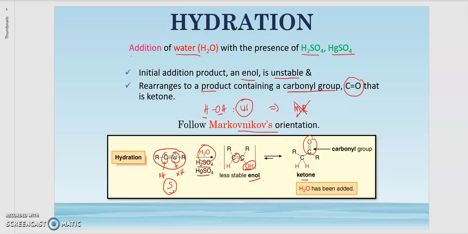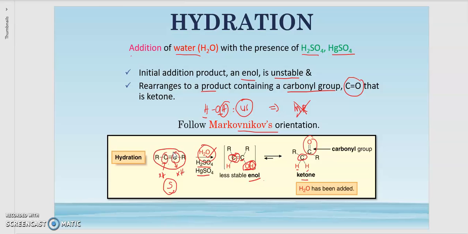The hydrogen from the OH will be transferred to the next carbon. So the carbon originally attached to OH will be converted to C=O, while the carbon that attached to the hydrogen from the water molecule will get another hydrogen from OH.